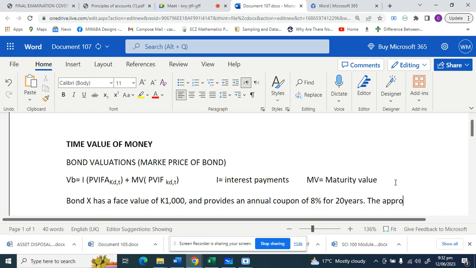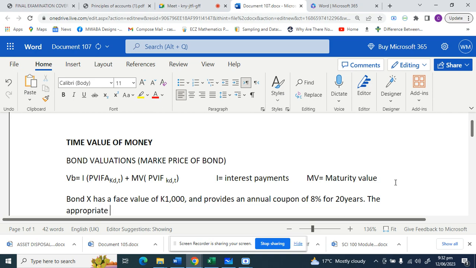The appropriate discount rate is 10%. What is the value of the bond?